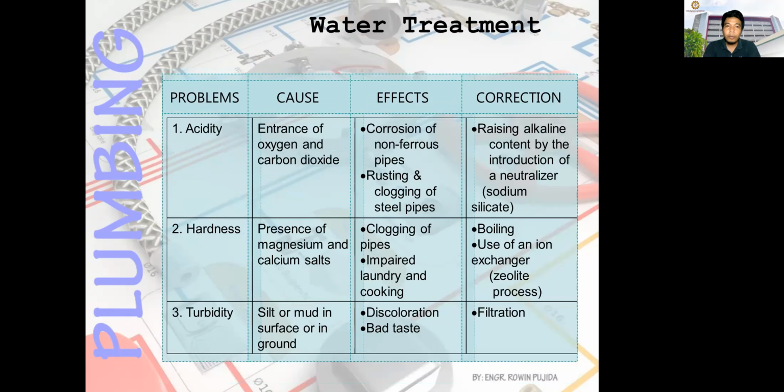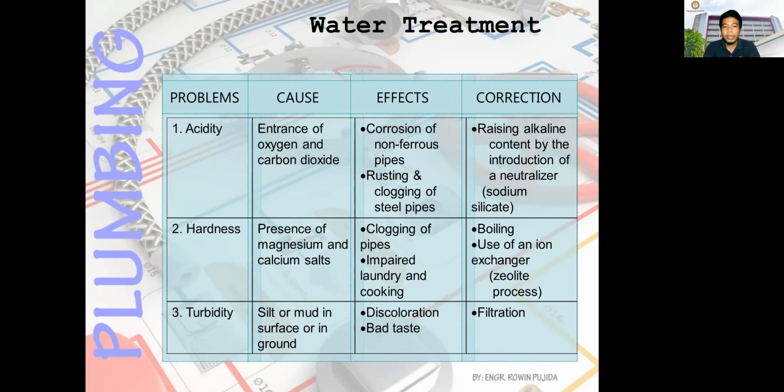Okay, so in water treatment, you have the problems, the causes, the effects, and the correction. You have this copy already in your Moodle, so you go through the water treatment problems and then the causes.